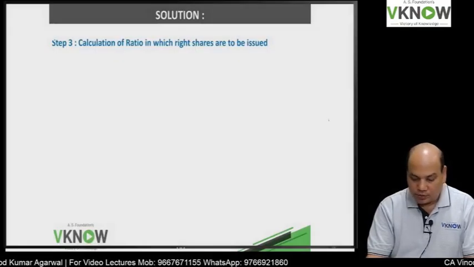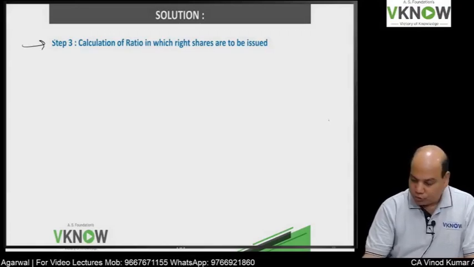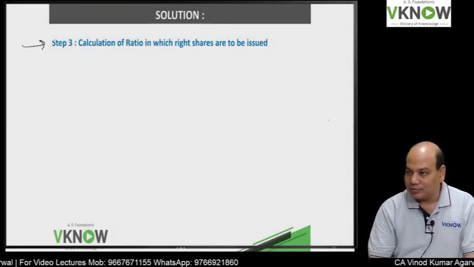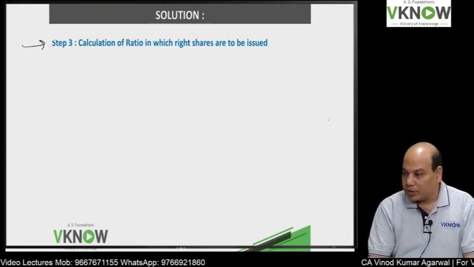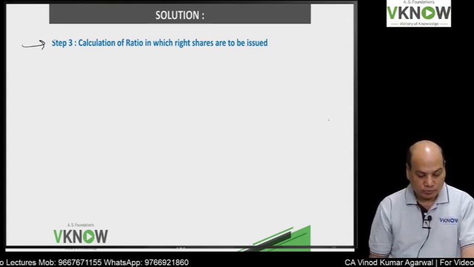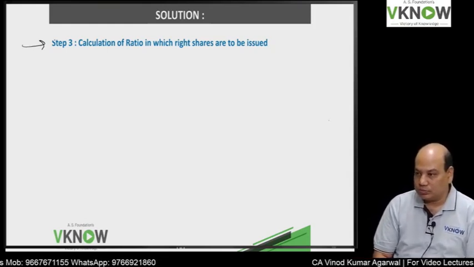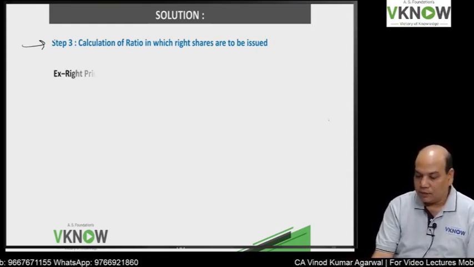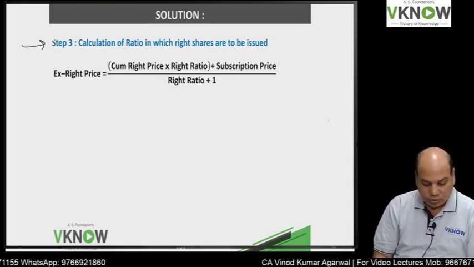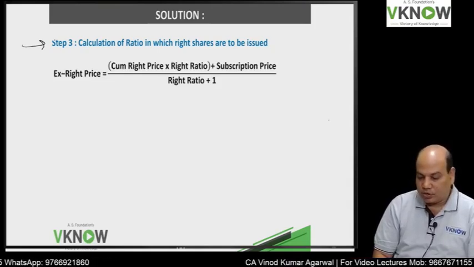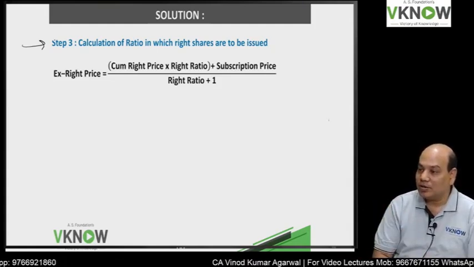Now write down step 3. This was a tricky question. Only one student has answered till now. Calculation of the ratio in which rights shares are to be issued. Do you remember the formula of ex-rights price? This formula is taught in the class. This formula is also in the EPS chapter.